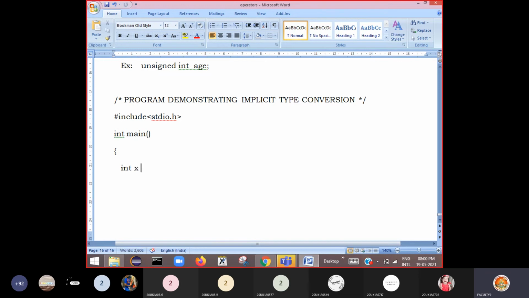One is of integer type, for example int x is equal to 22. Then I'm declaring another type, char y, equal to some character I am storing here. Whenever you want to store a single character, you must enclose it in single quotes. For example, capital Z I am storing in this.